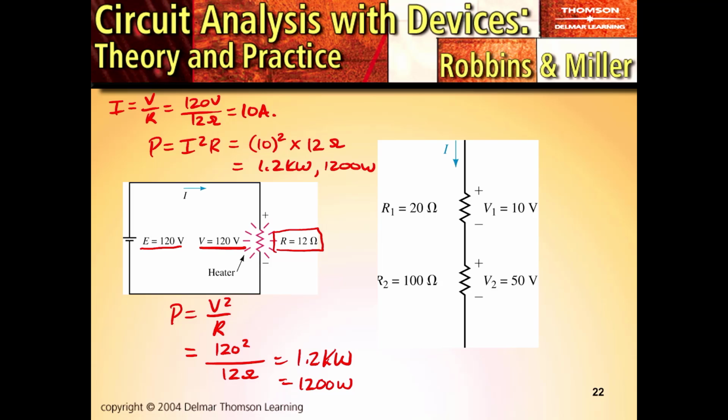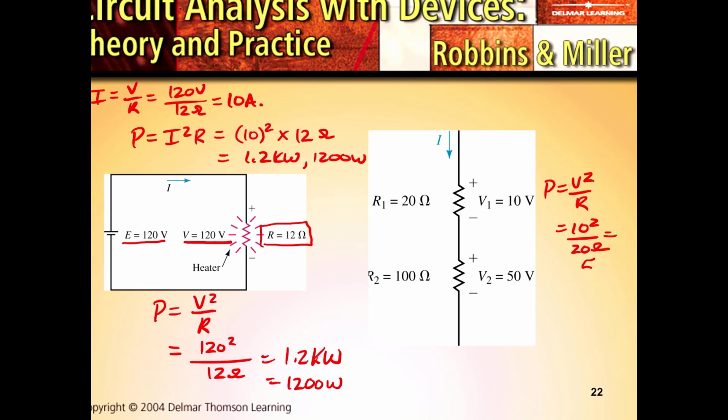Okay, let's look at this next example here. Here we have voltage and resistance again. We can determine power directly by P equals V squared over R. So our V value is 10 squared over our R value of 20 ohms to give us 100 divided by 20, and the result being answers in watts, 5 watts.